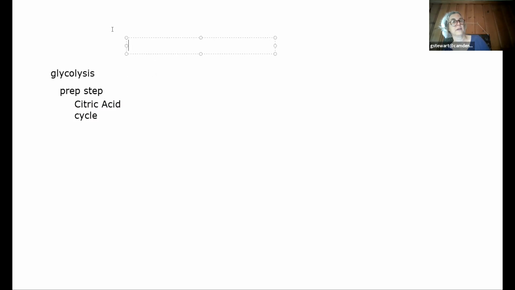So it would be like this. We could put NADH and then CO2, ATP, and FADH2. And then underneath there, it would be good if you could fill in the correct numbers for each of the steps. So I'm going to give you a minute.